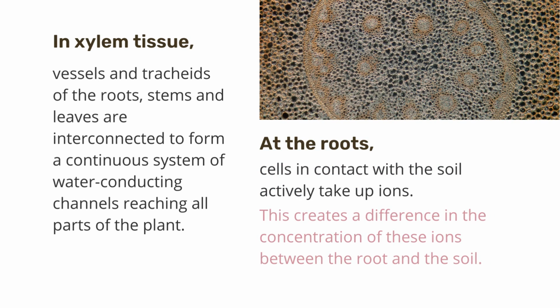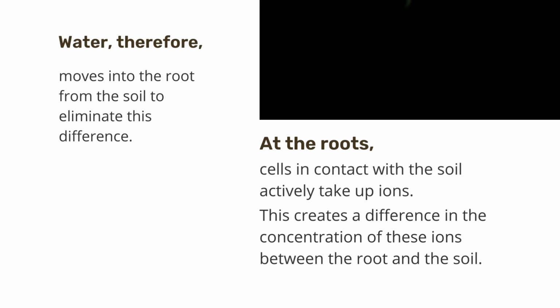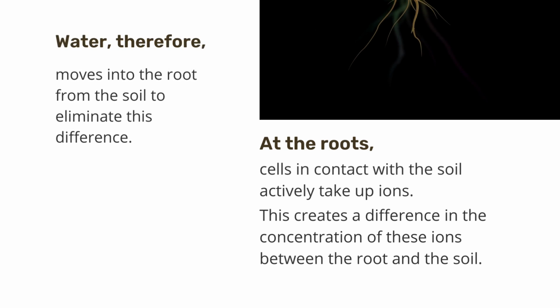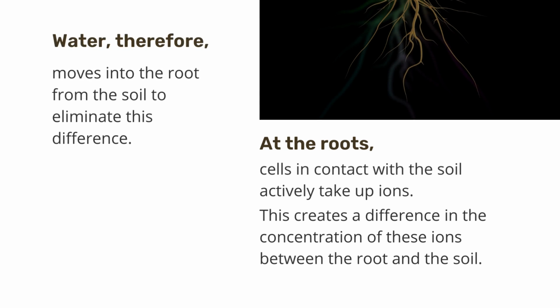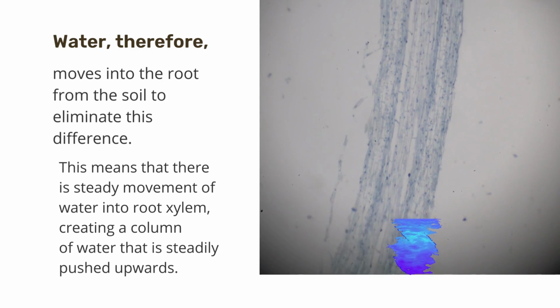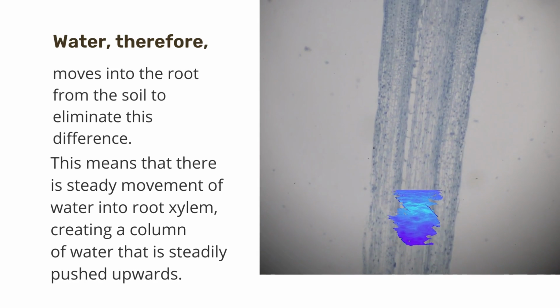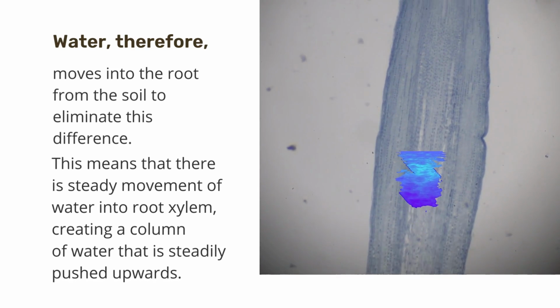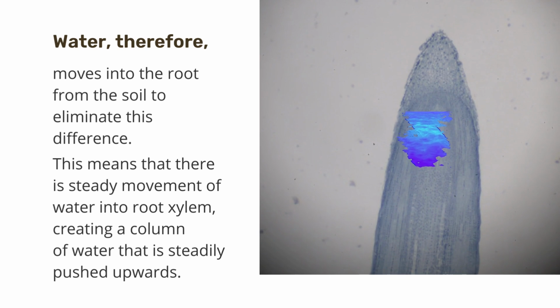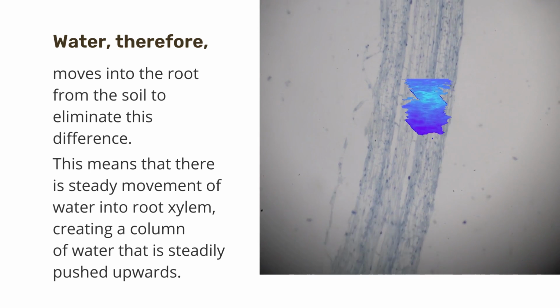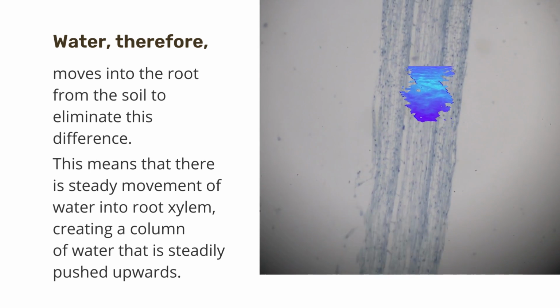This creates a difference in the concentration of these ions between the root and the soil. Therefore, water moves into the root from the soil to eliminate this difference. This means there is a steady movement of water into root xylem, creating a column of water that is steadily pushed upwards. Right? So the water would push upwards.